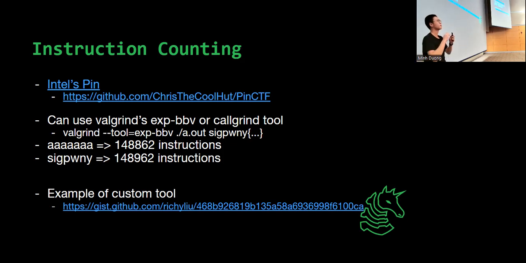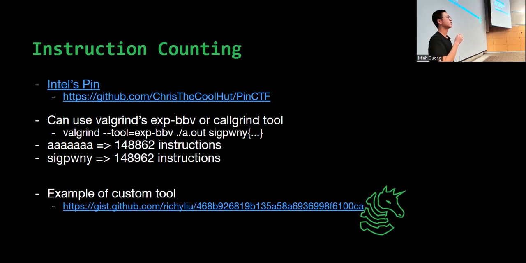PIN tools are sort of like programs that PIN itself runs on your binary to do certain instrumentation tasks, such as count specific instructions or do whatever you want. So this is Intel pin. Installing this might be a little bit tricky, so please let us know if you have any issues with that.